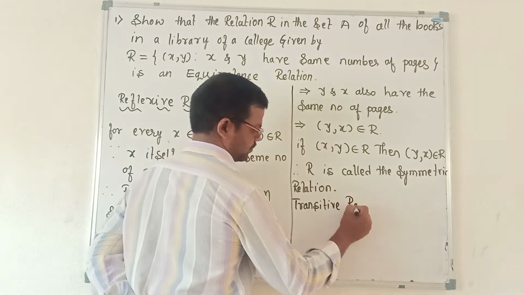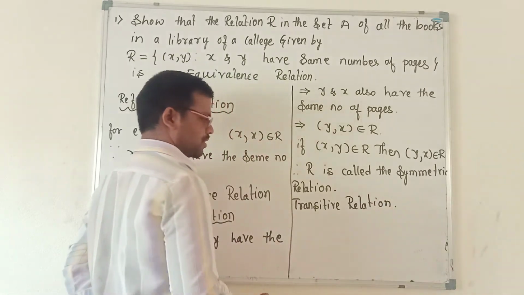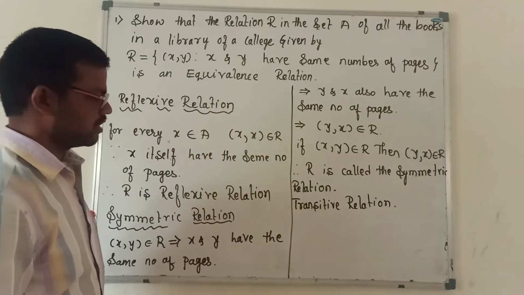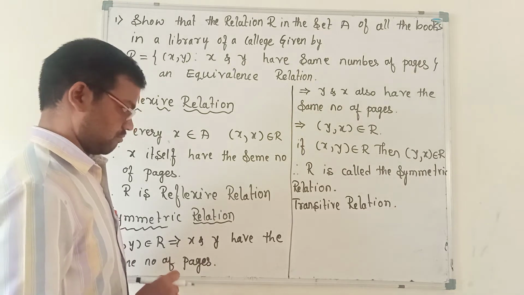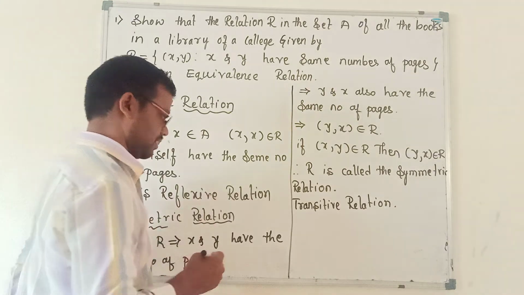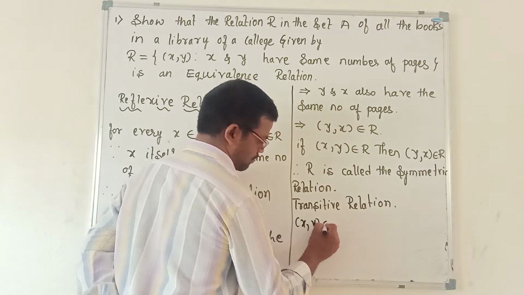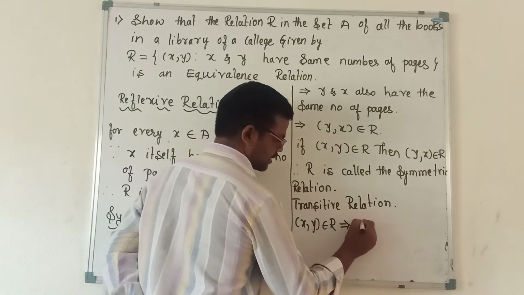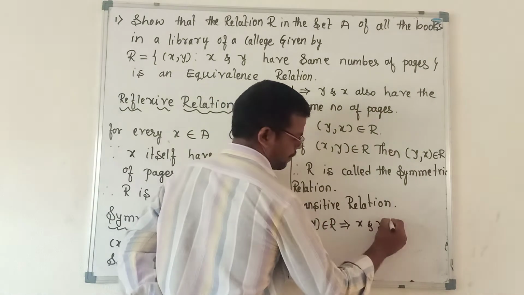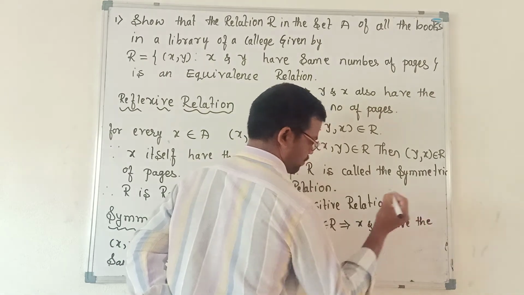Another one is the transitive relation. For proving that the given relation is transitive, we need two pairs. For example, (x, y) belongs to R. It implies that x and y have the same number of pages.